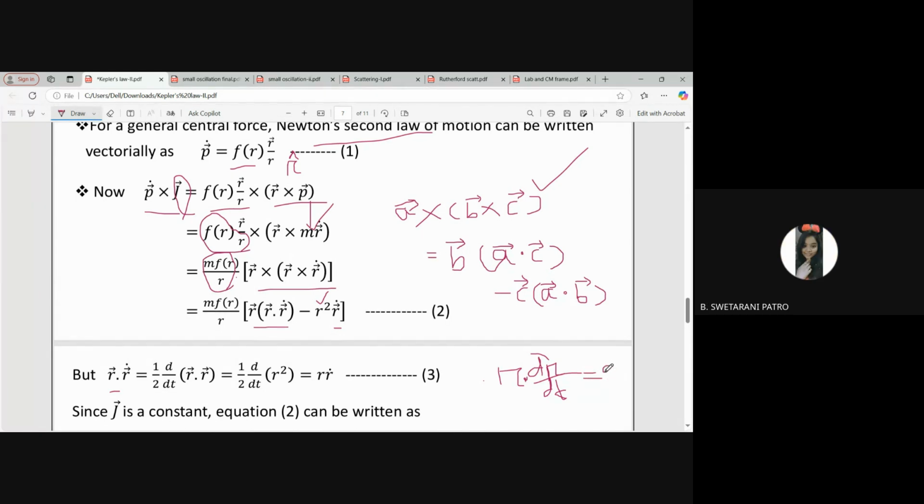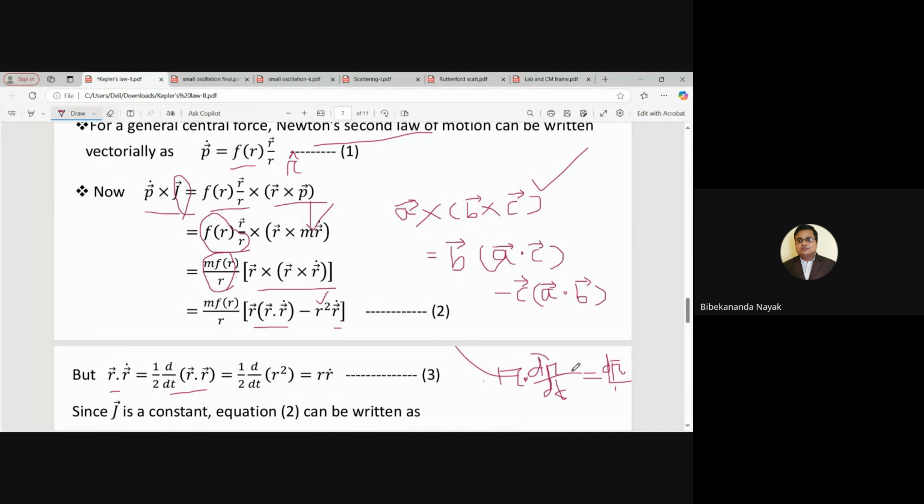Now add these two. This means 2 dr by dt dot r. So I write here r dot dr by dt, which is the same as dr by dt dot r, as d by dt of (r dot r). A dot db by dt plus b dot da by dt is nothing but d by dt of (a dot b). A simple vector algebra.